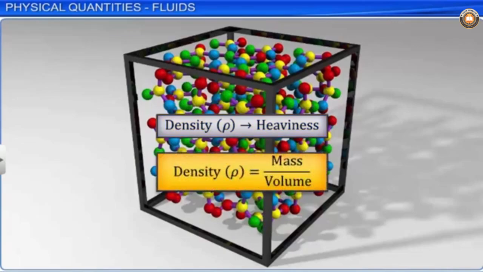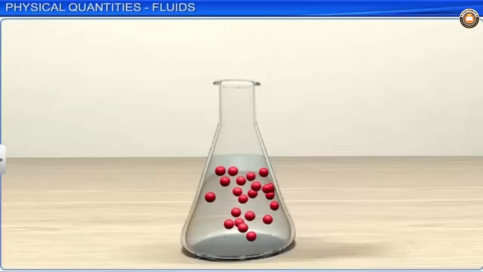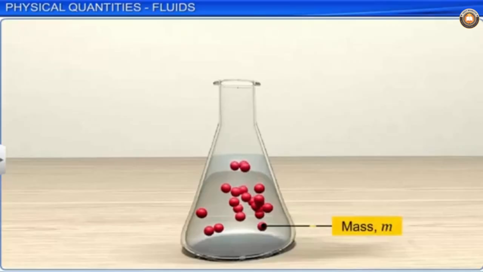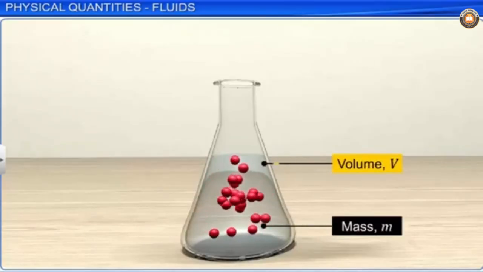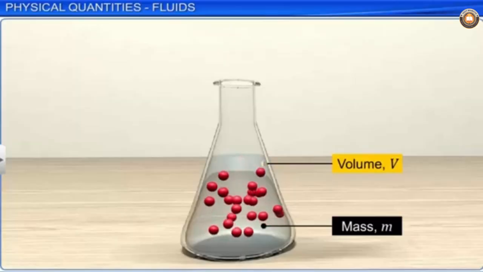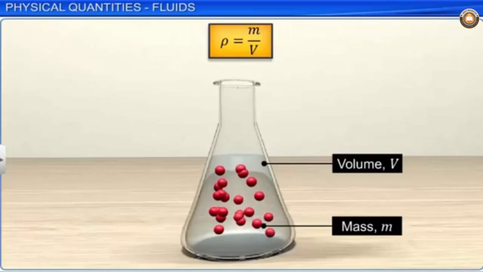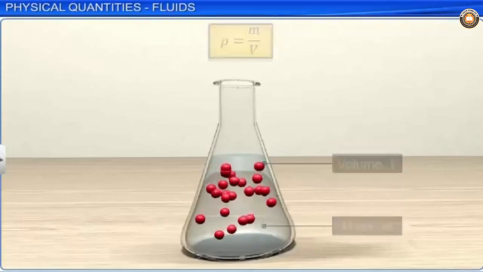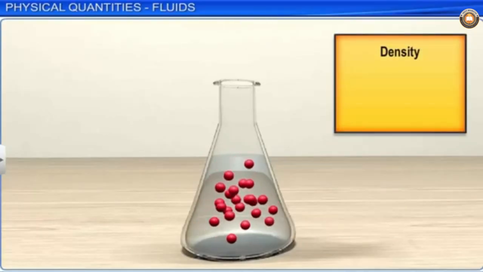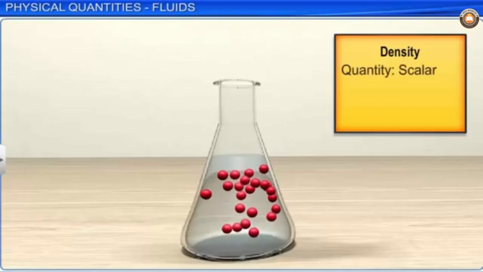Density of a fluid of mass m occupying volume V is represented as the ratio of m to V. As mass and volume both are scalars, density is a scalar and its dimensions are ML to the power minus 3.